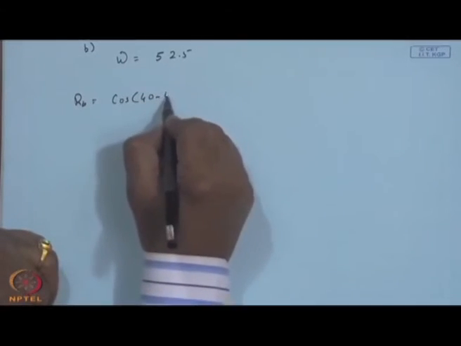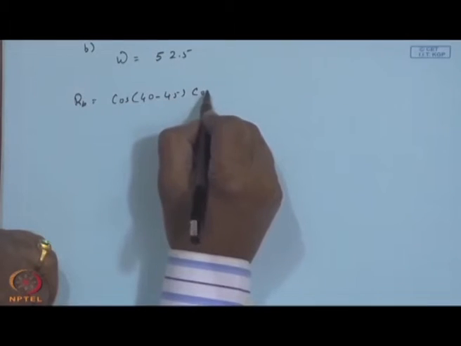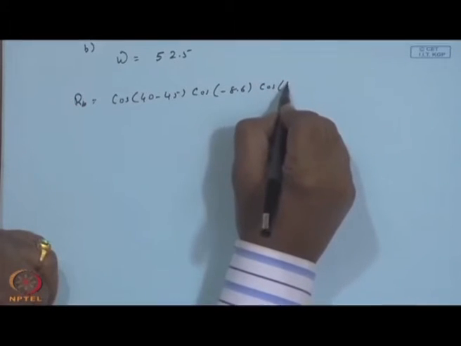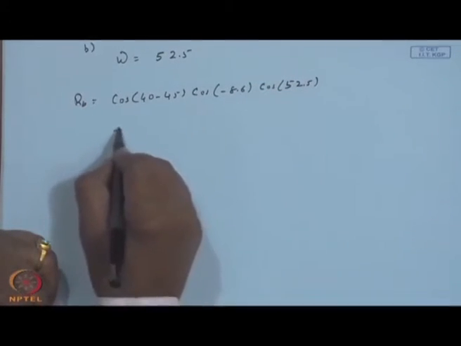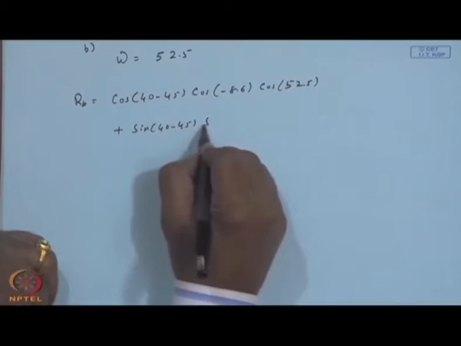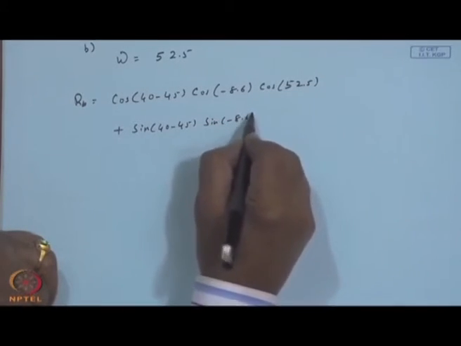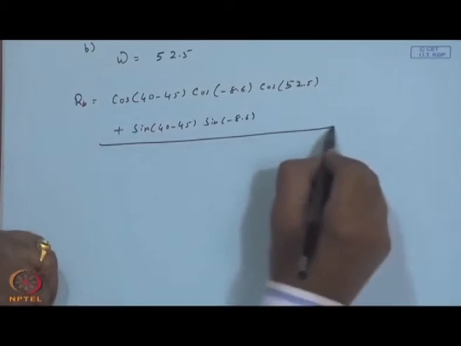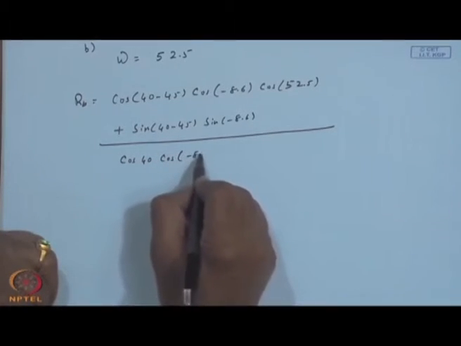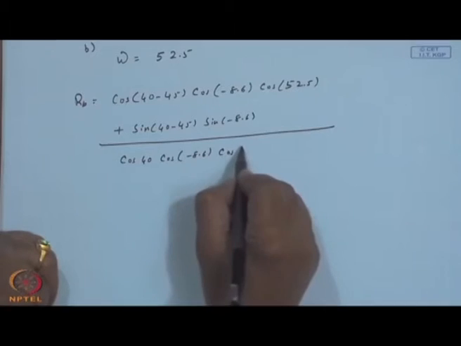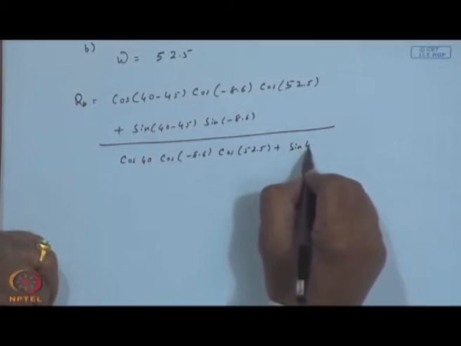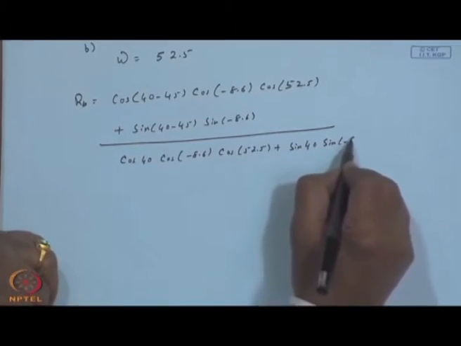cos(phi minus beta) cos delta cos omega plus sin(phi minus beta) sin delta upon cos phi cos delta cos omega plus sin phi sin delta.